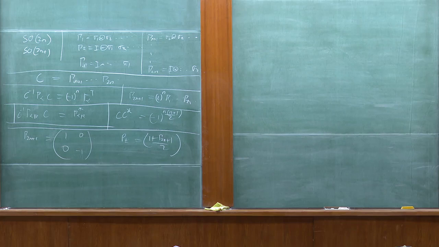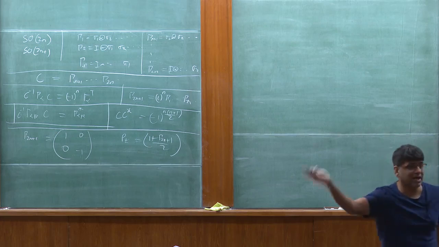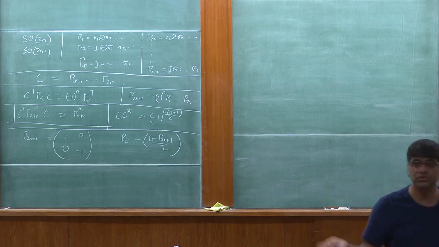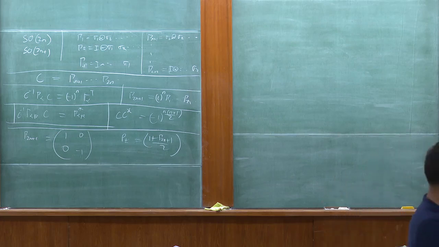In SO(2n), it was not one of the gamma matrices, but an object we could use to produce projectors. Since gamma 2n+1 commuted with all the generators of SO(2n), by Schur's lemma this projector tells us we have two different representations. Using these projectors, we projected onto the chiral spinor and antichiral spinor.